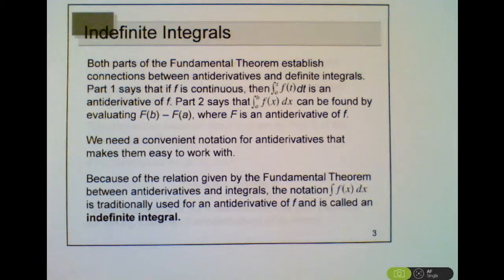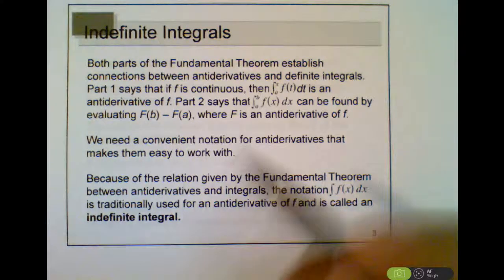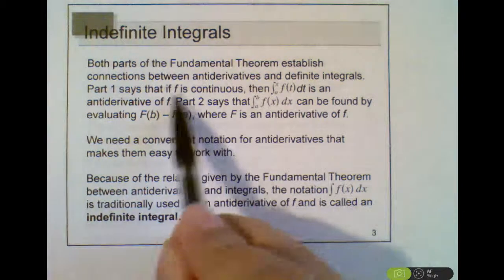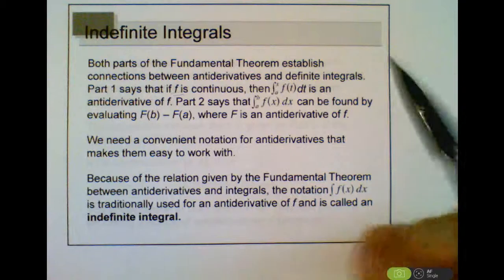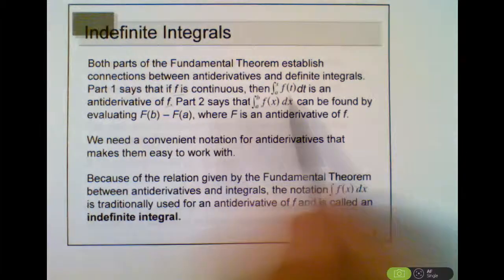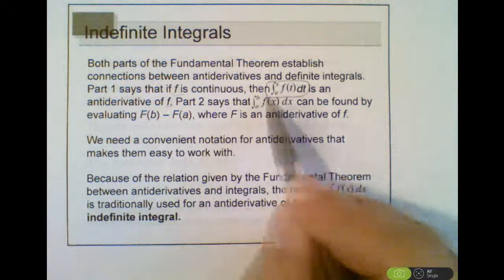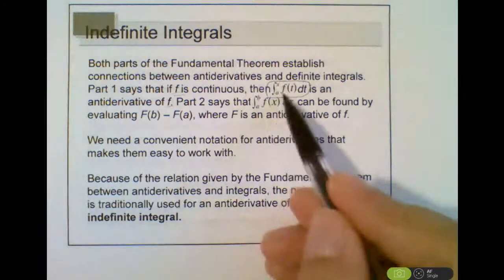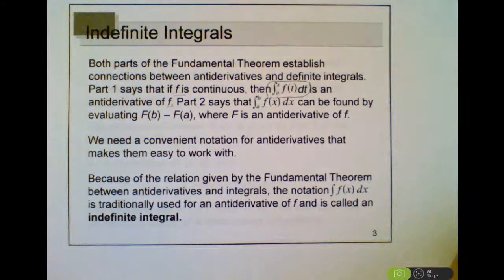So the first part can be rephrased in many ways. Potato, tomato, everything is the same. So we can also say that if we have a function that is continuous, then the antiderivative of this function could be named as the integral between a number and x of that particular function.